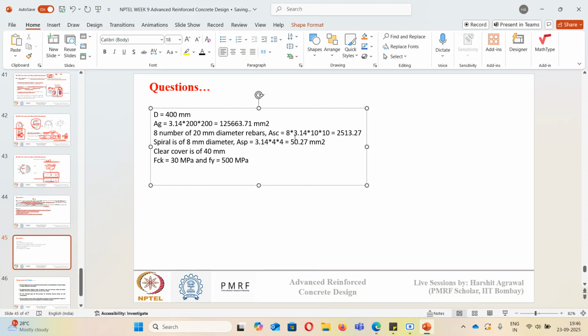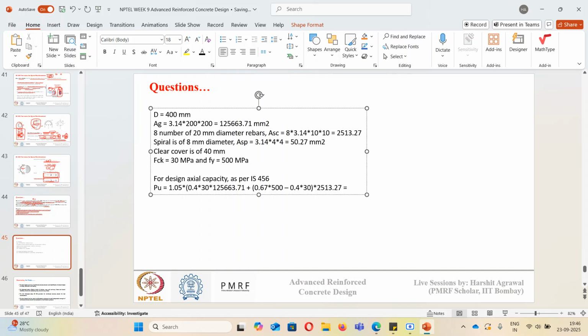First, for the design axial capacity as per IS 456 code, PU is 1.05 times [0.4 FCK, that is 30, times AG, where AG is 125,663.71, plus (0.67 FY minus 0.4 FCK) times ASC], where ASC is 2513.27.